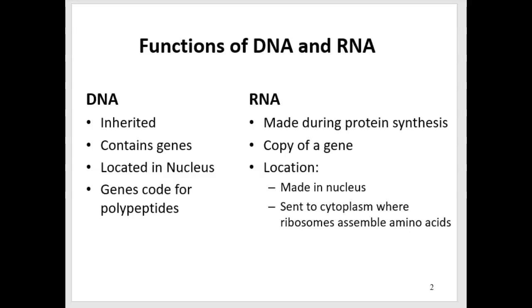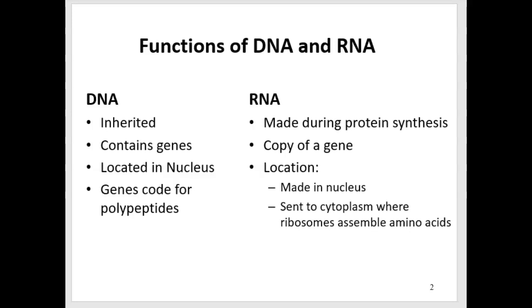Therefore, a copy of each gene must be made and sent out to the ribosome to be used to make a protein. That's where RNA comes in. RNA is a copy of a gene, and it's only made when a protein is going to be synthesized that's coded for by that gene. So RNA is initially located in the nucleus.